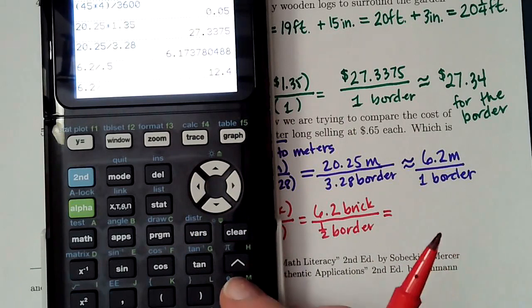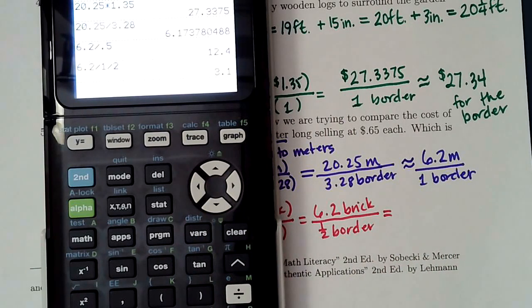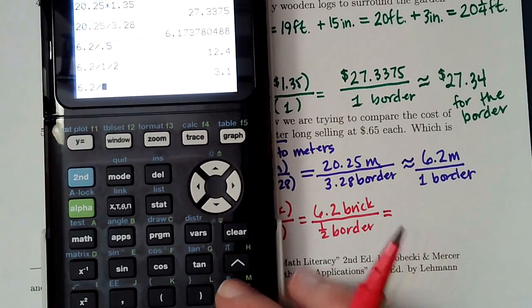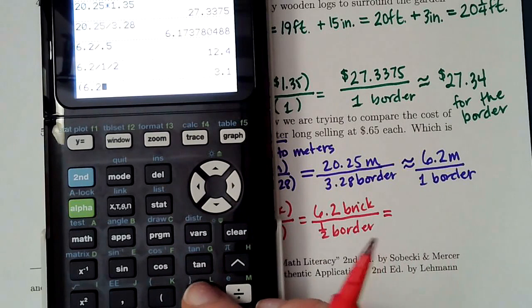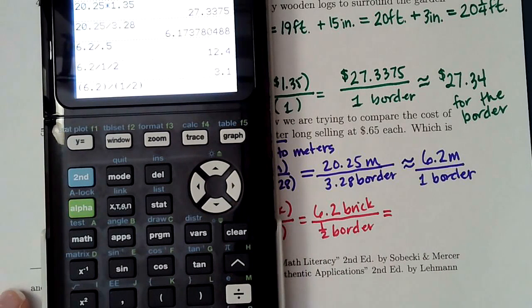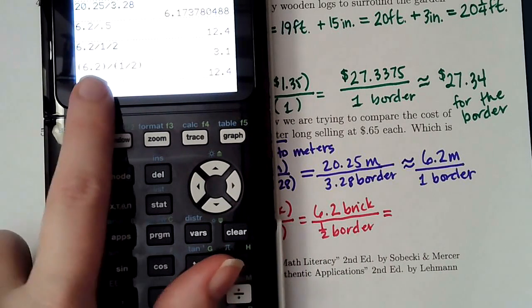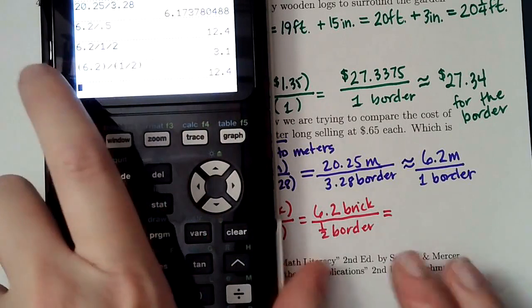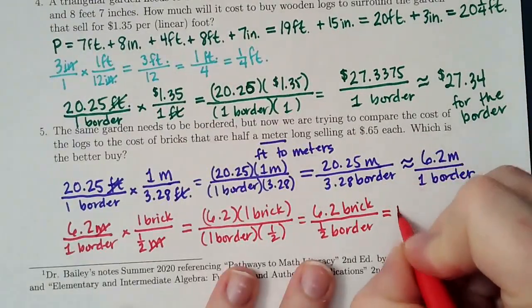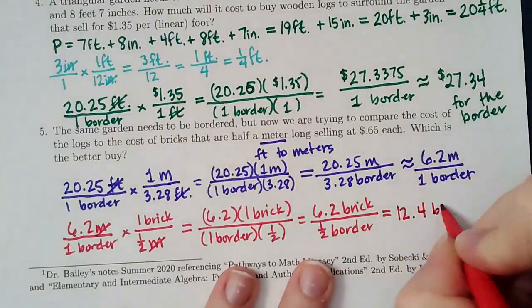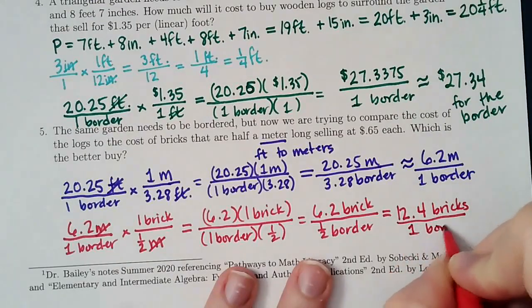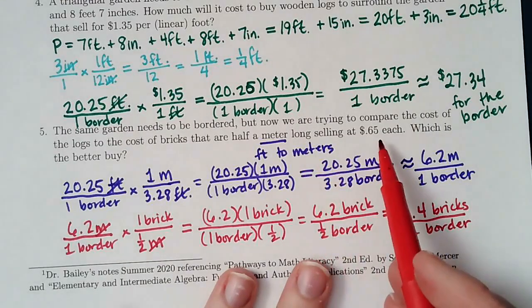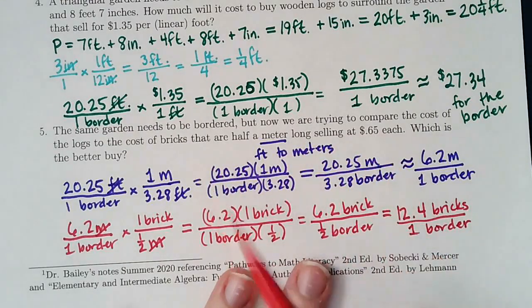If I just do this, it does not work out. So 6.2 divided by, remember to put in those implied parentheses that we talked about in the order of operations around the numerator and denominator because your calculator needs them. So 12.4 bricks for the whole border. And now we know that they are 65 cents for each brick.